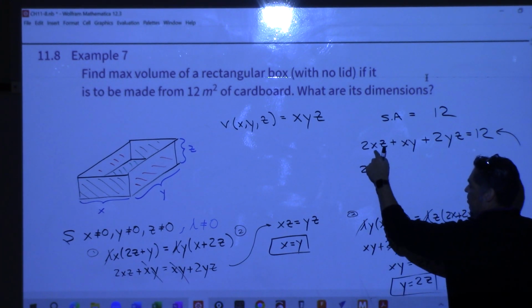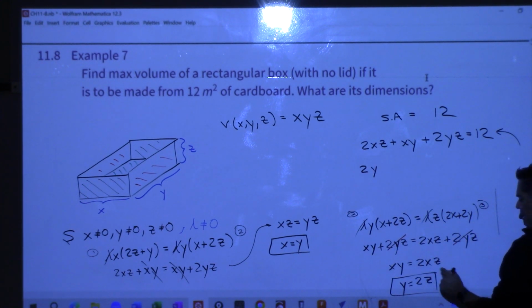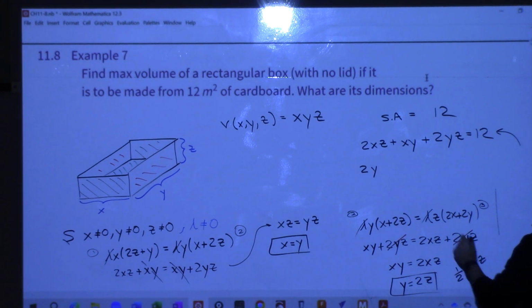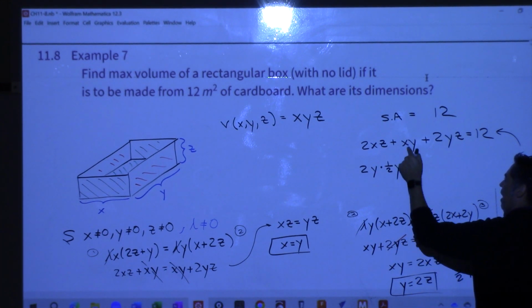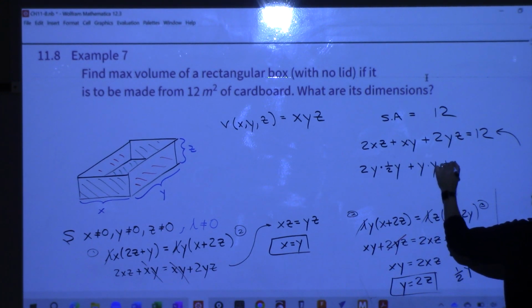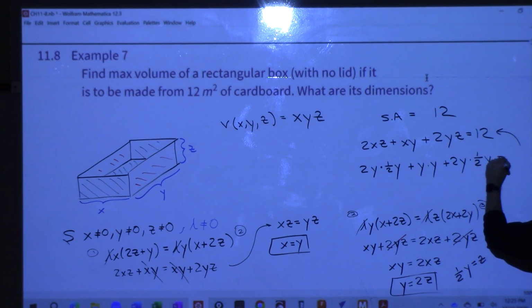So 2x was y, so 2y, and z was 1/2 y. So I'm going to replace this with 1/2 y plus x, which was y, times y, plus 2y times z, which was 1/2 y, equals 12.